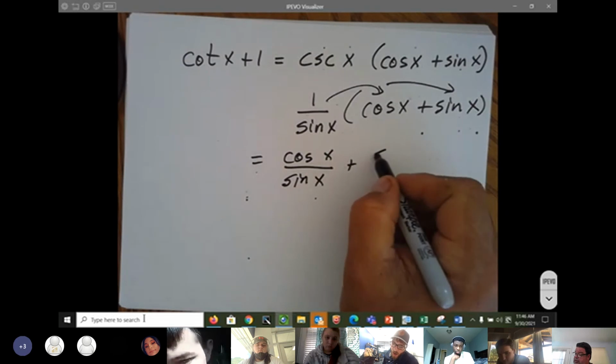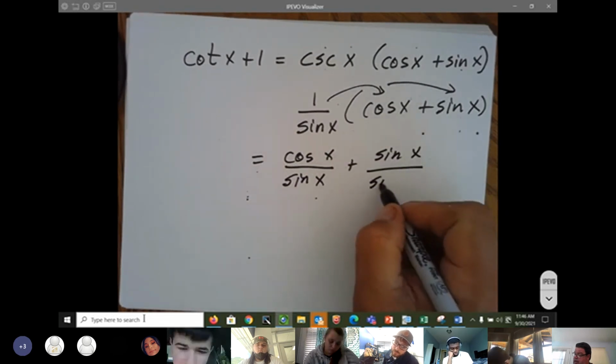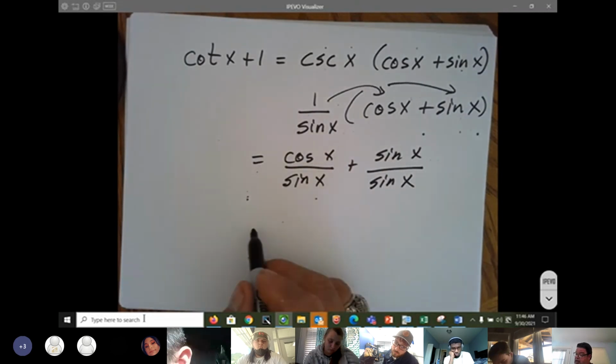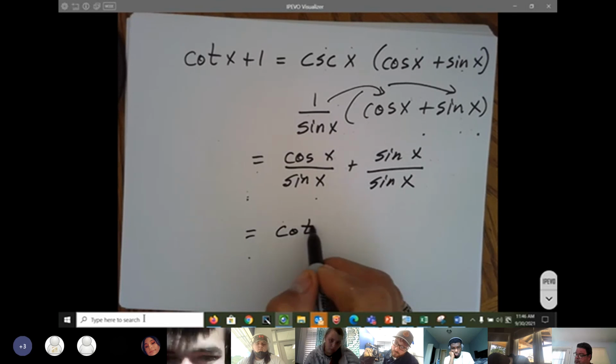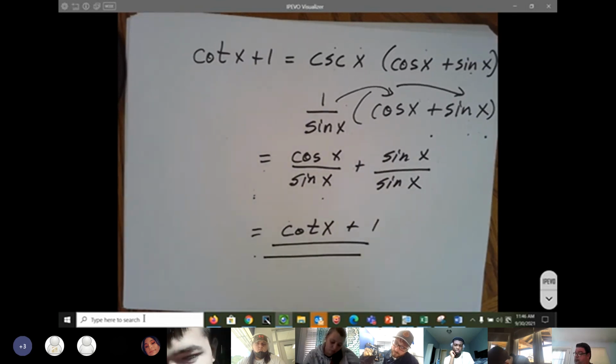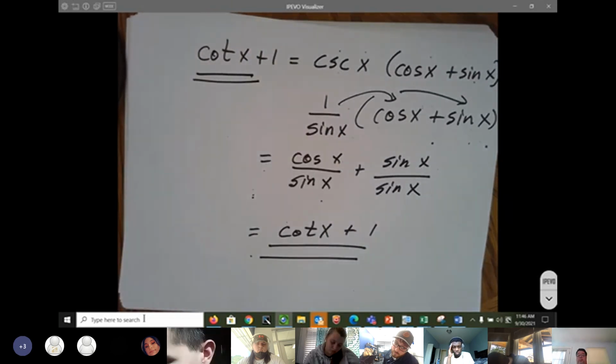And that's going to be sine of x over what? Sine of x. Cosine over sine is what? Cotangent. That's all you've got to be able to do. And if you stick with changing everything into sine and cosine, you won't go wrong.